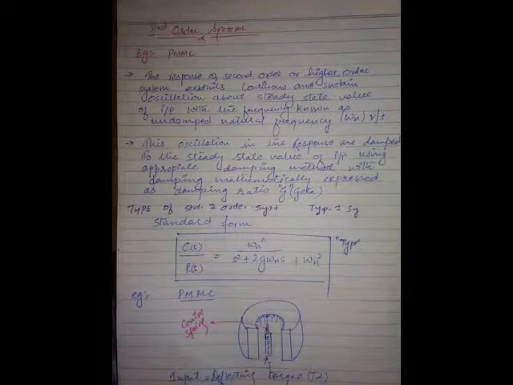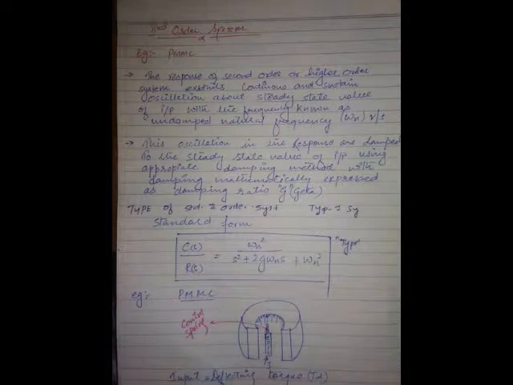The two most important characteristics of any second order or higher order system are zeta and omega. It is because of this reason the standard second order transfer function is represented in terms of zeta and omega n, and the standard form is omega n square by s square plus 2 zeta omega n s plus omega n square. This is the standard transfer function representation of a second order system.